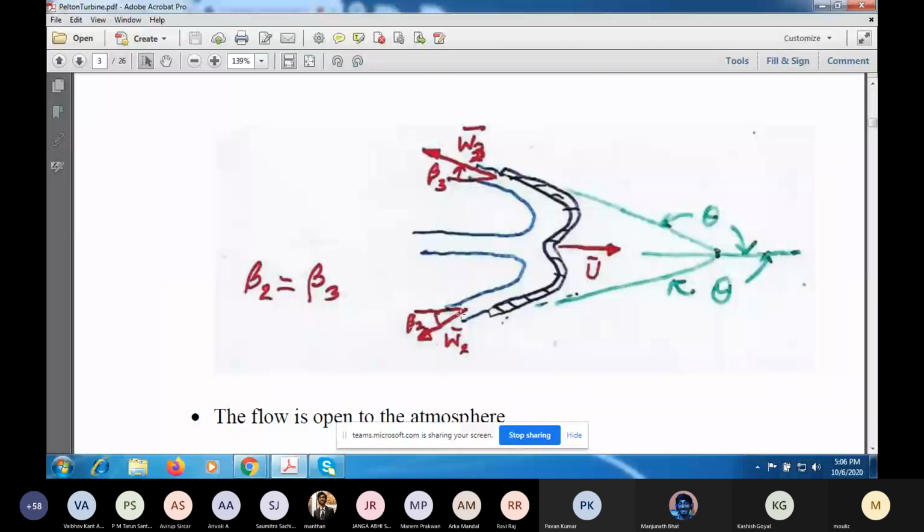If I call this blade angle beta, at section 2 I'm calling it beta with a subscript 2, and at section 3 beta with a subscript 3. W vector 2 is the relative velocity vector at this outlet. From the kinematic boundary condition, we can guess it will be parallel to the surface. And W3 will also be parallel to the surface of the bucket at this point.